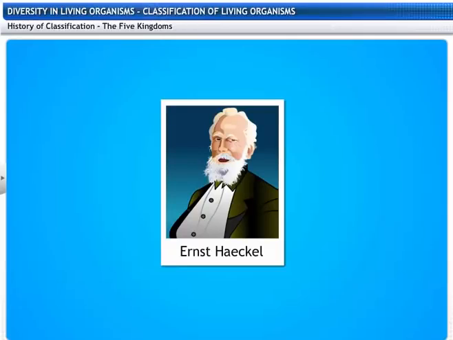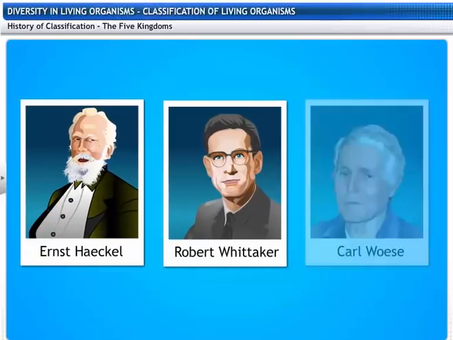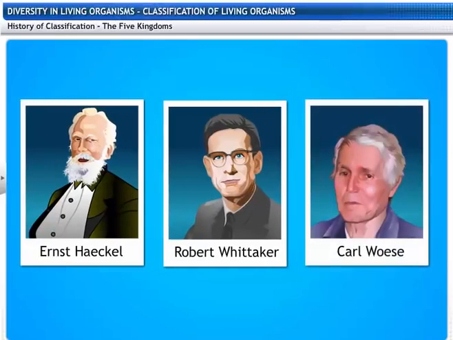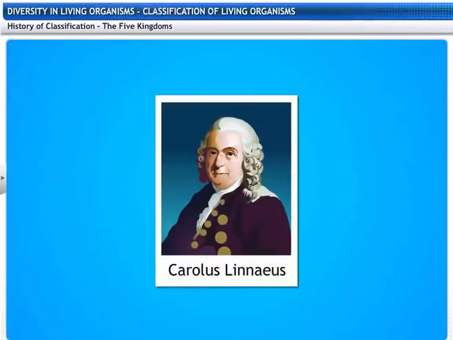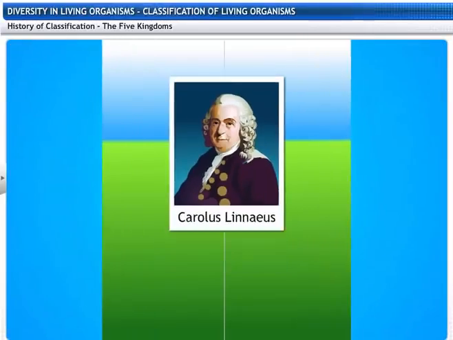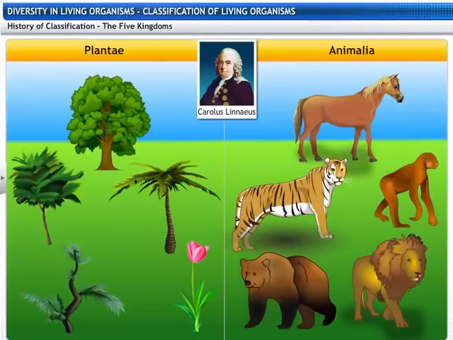Biologists such as Ernst Haeckel, Robert Whittaker, and Carl Woese have tried to classify living organisms into broad categories called kingdoms. Carolus Linnaeus classified all the living organisms as plantae and animalia.